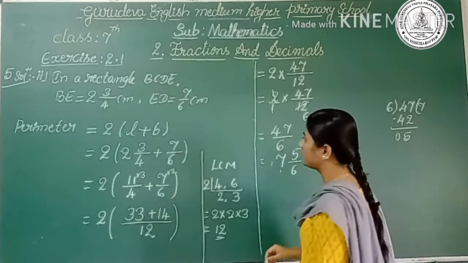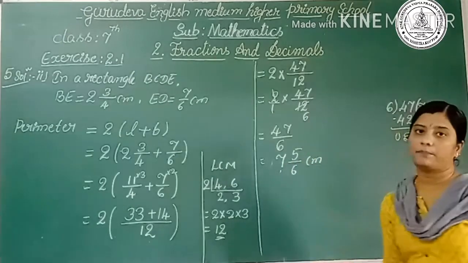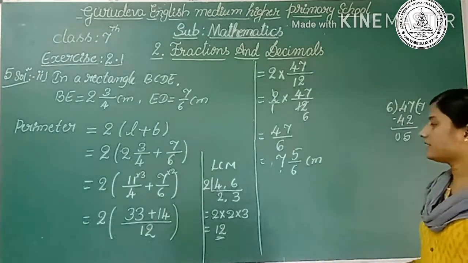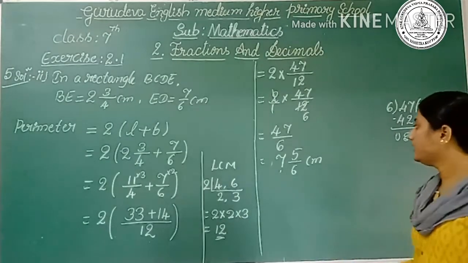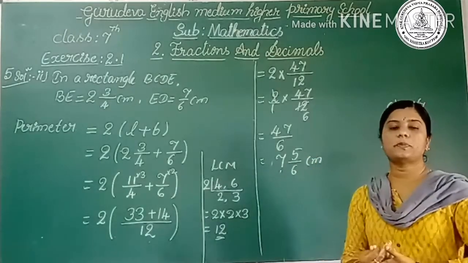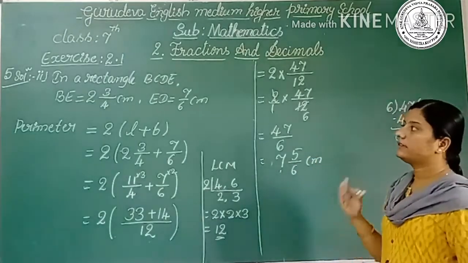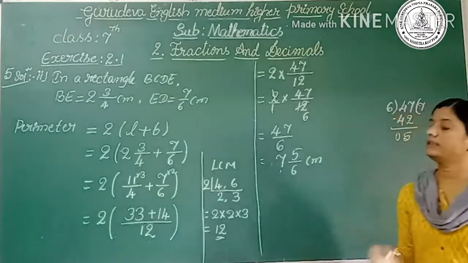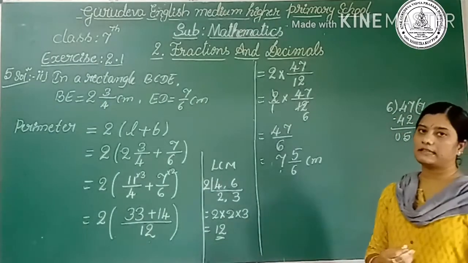Therefore, compare here: the perimeter of the triangle is 8 whole 17 by 20. Here the perimeter of the rectangle is 7 whole 5 by 6. So which perimeter is greater? Yes, the perimeter of the triangle is greater.